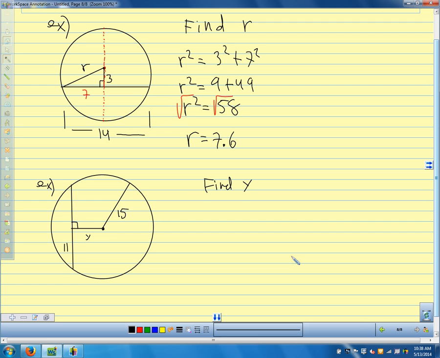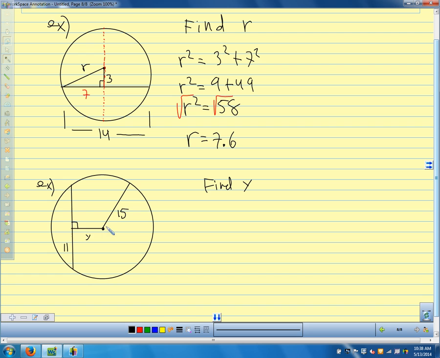Well, this looks kind of like the last problem. Sort of. What can we do to help us out with this problem? This 90-degree angle says, well, I would like to be able to use the Pythagorean theorem.